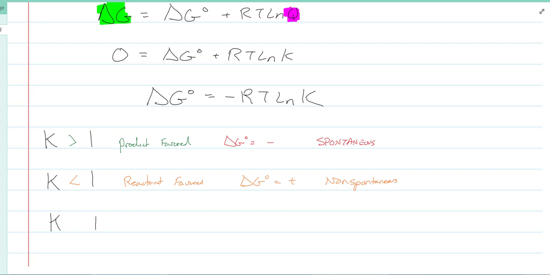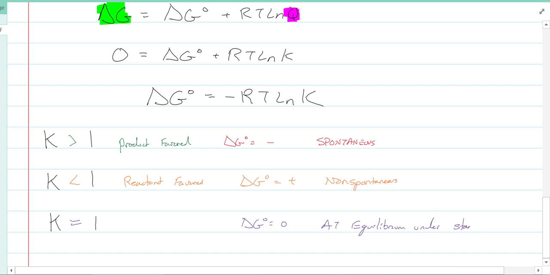And lastly, K can equal 1, which means we're at equilibrium, right? Neither one's favored. Delta G standard equals 0, so we're at equilibrium under standard conditions.